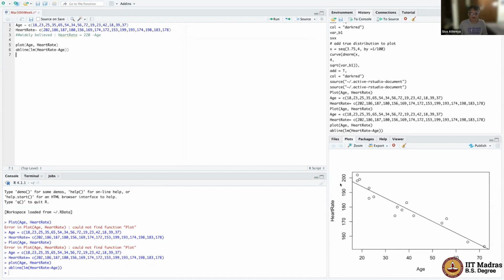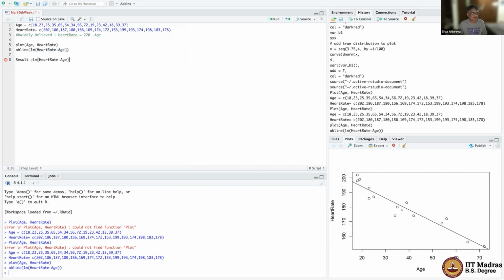Very nice. Once we do this, we can also check what the intercept and the coefficients are. Let me call result the lm of heart rate on age. Let me copy this and bring it down here.